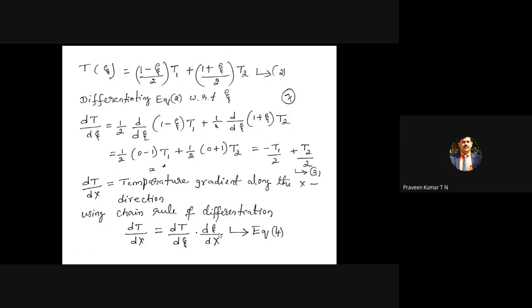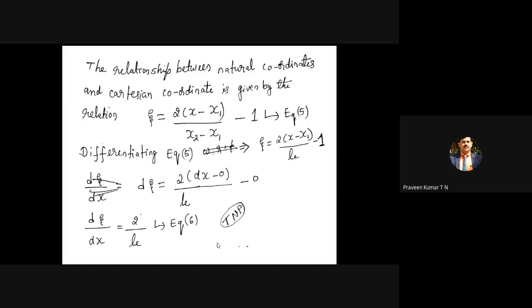For getting d xi by dx, we have the relationship between the natural coordinate system and the global coordinate system. You used that same equation in the case of trusses also. So xi refers to the natural coordinate system, and we refer to this as equation number 5.